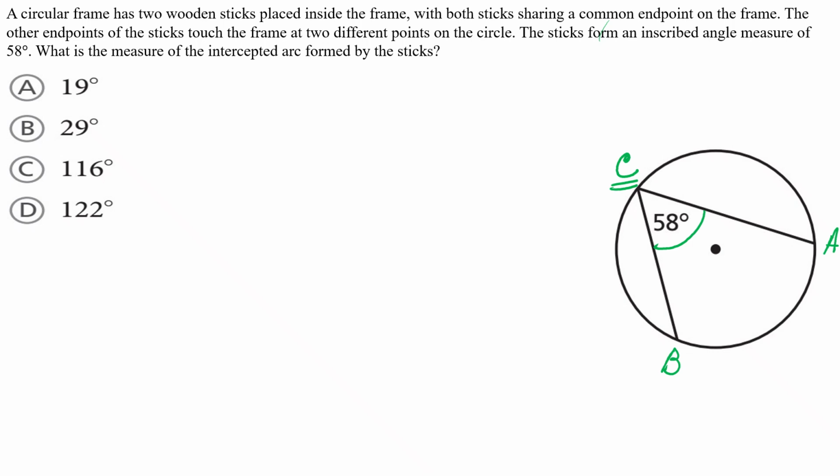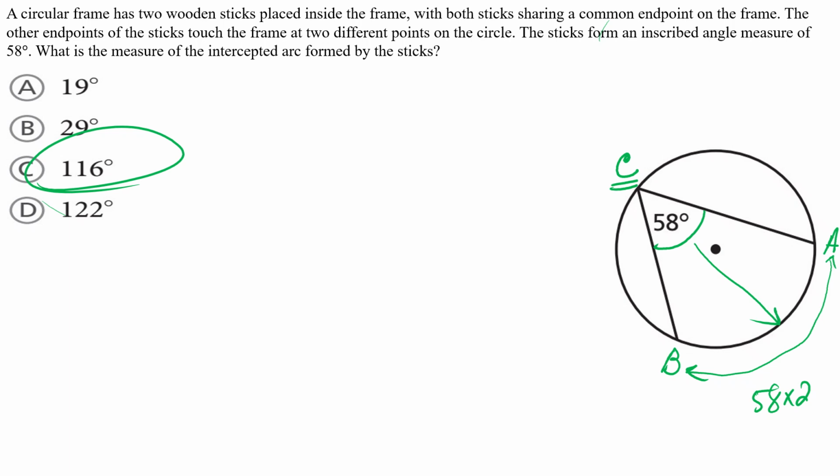The sticks form an inscribed angle measuring 58. What is the measure of the intercepted arc, meaning arc AB? If it is the inscribed angle, the arc is double 58, which is 58 times 2, giving us 116. So this is our answer.